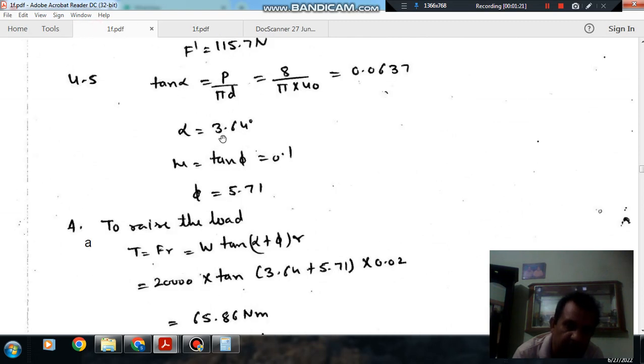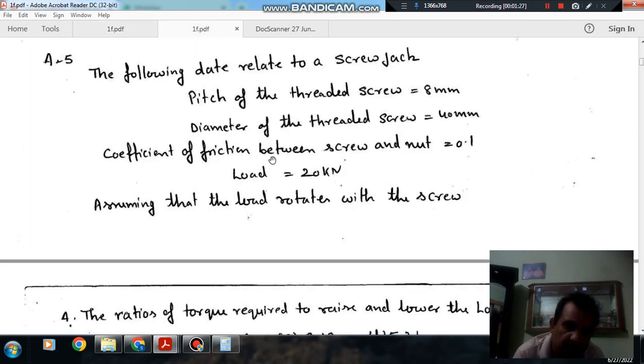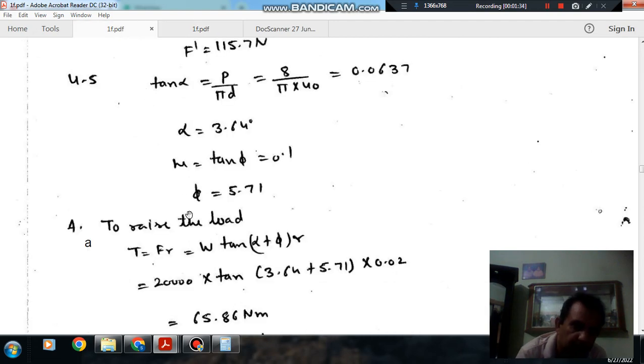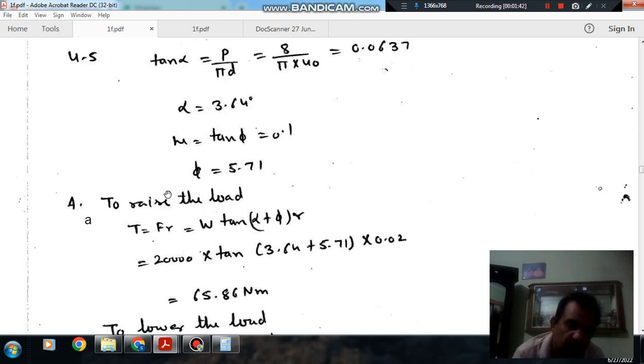From this we have alpha as 3.64 degree, and the coefficient of friction between the screw and nut is given as 0.1. So from this we can calculate the friction angle, that is 5.71 degree, because mu is equal to tangent phi.